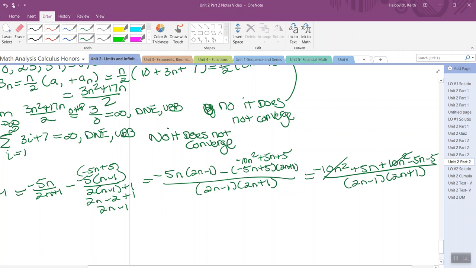Then notice that cancels out, so you get negative 5 over 2n minus 1, 2n plus 1.